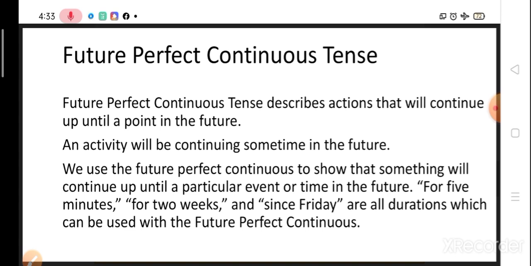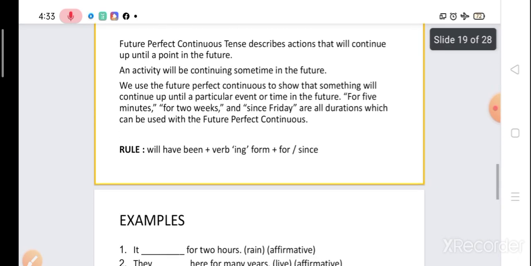We use the future perfect continuous tense to show that something will continue up until a particular event or time in the future, for 5 minutes, for 2 weeks, since Friday. All are durations which can be used with the future perfect continuous tense. Let us see the rule.